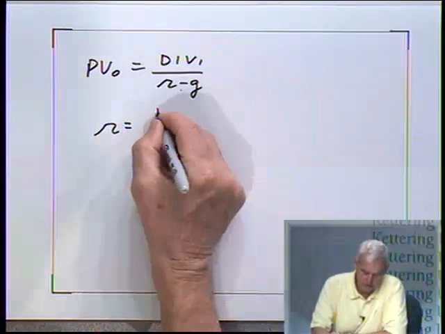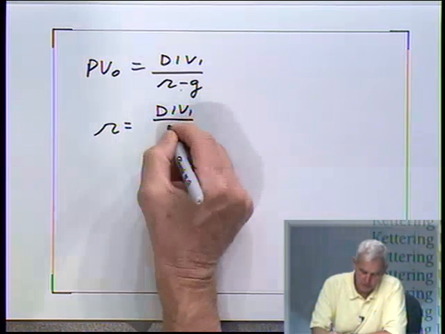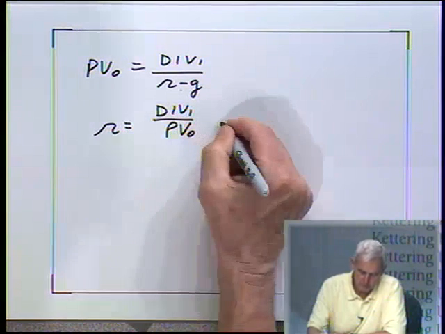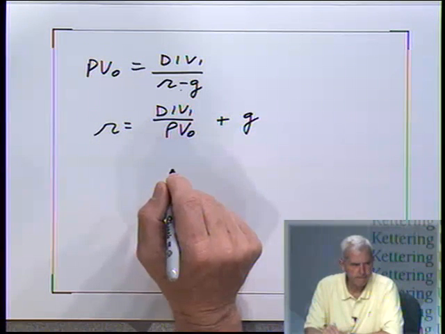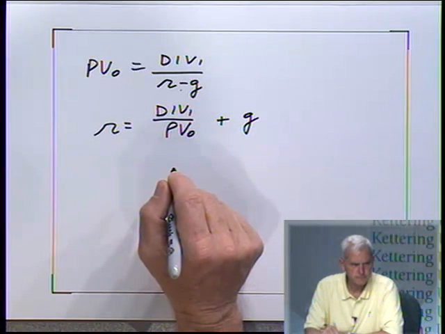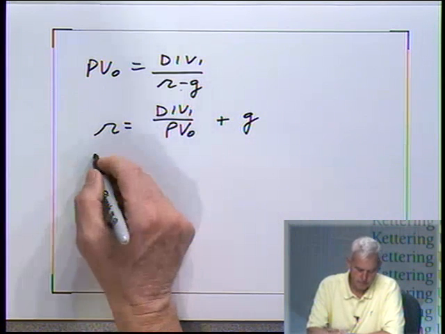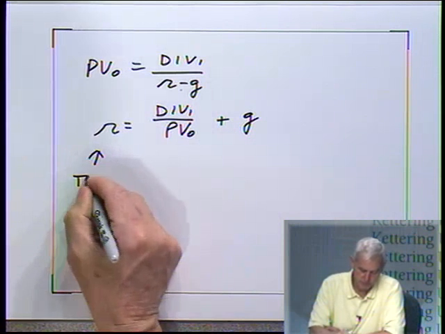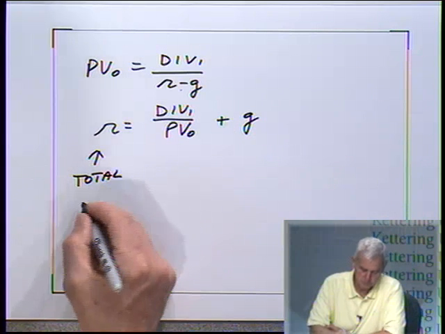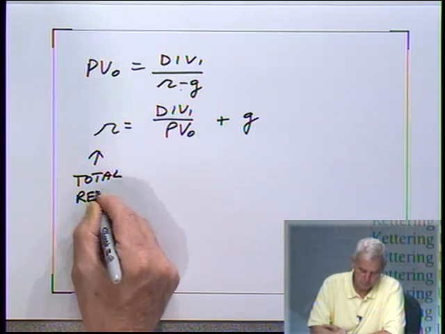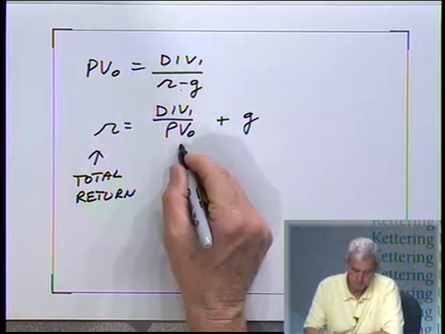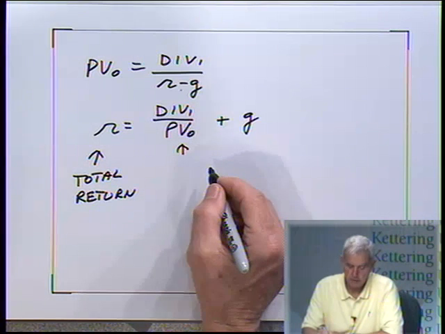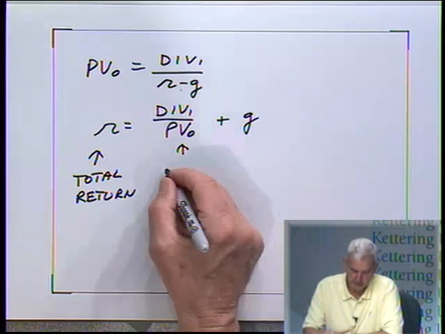And R is going to be div 1 over PV0 plus G. R is my total return. Div 1 over PV0 is my dividend yield.